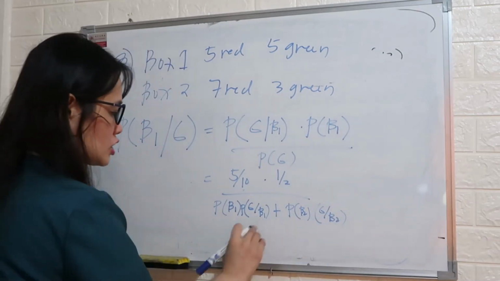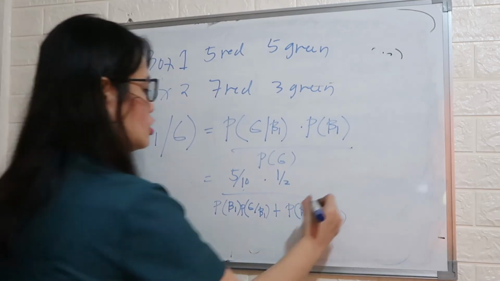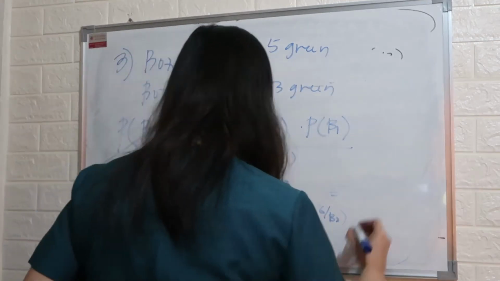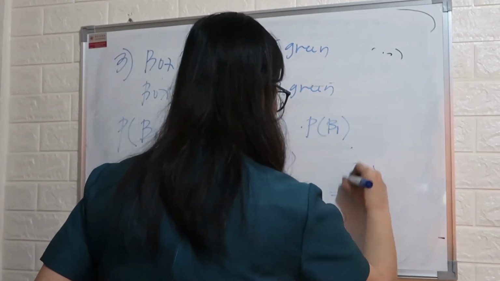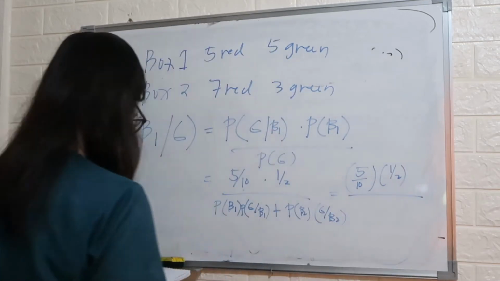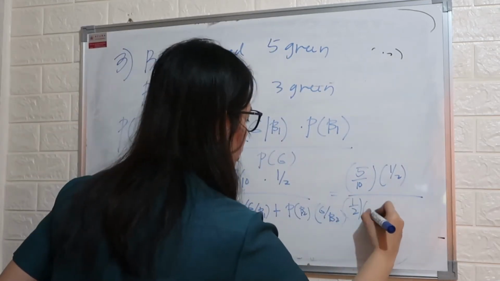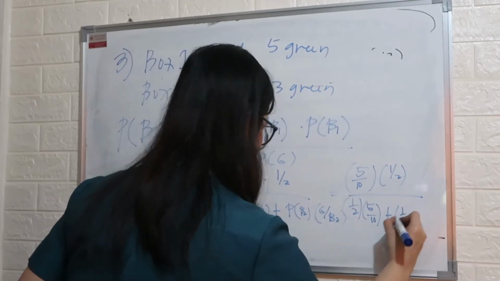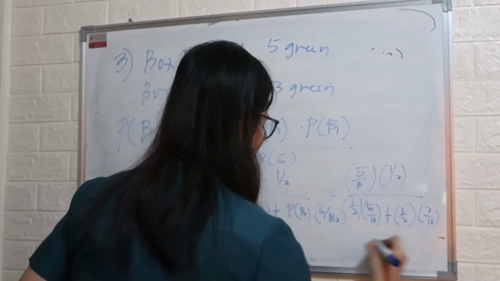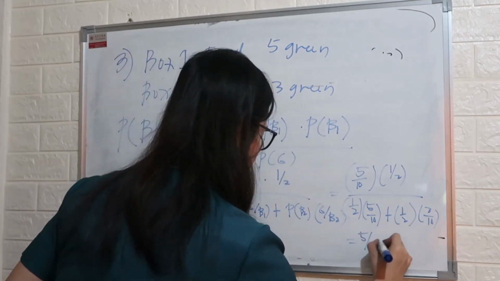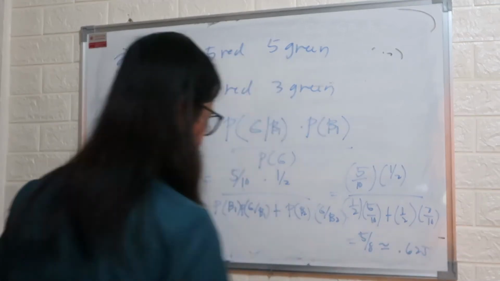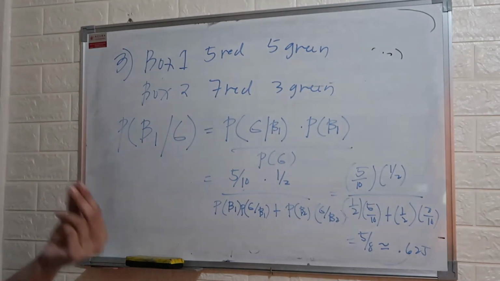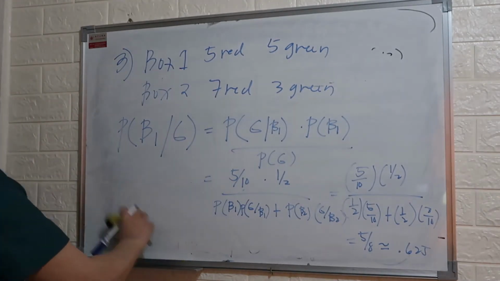So that will be equal to 5/10 multiplied by 1/2 over 1/2 multiplied by 5 over 10 plus 1/2 multiplied by 3/10. So that will be 5/8, or equal to 0.625.